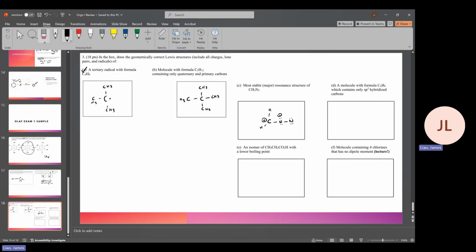That's not great. So let's put this as a double bond instead. That will satisfy the octet rule. This one would be neutral, and this one's going to have a minus charge.